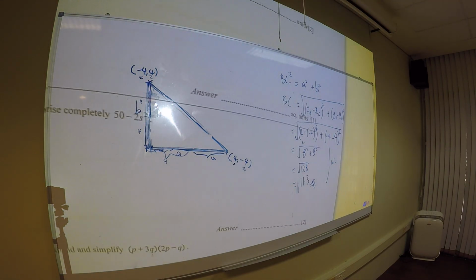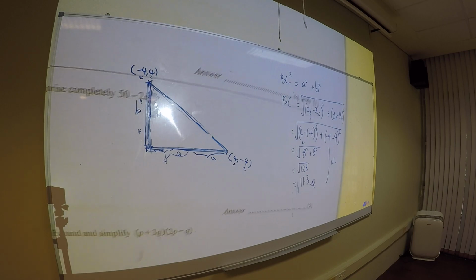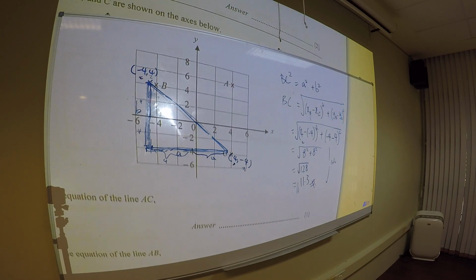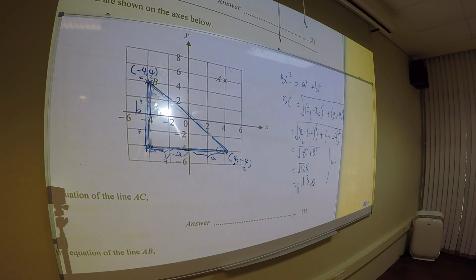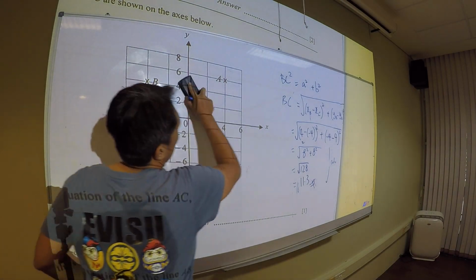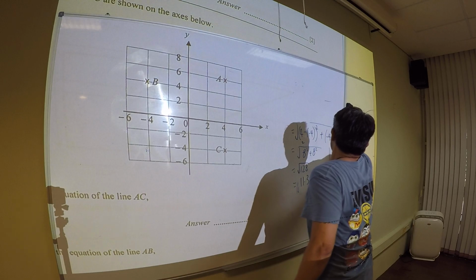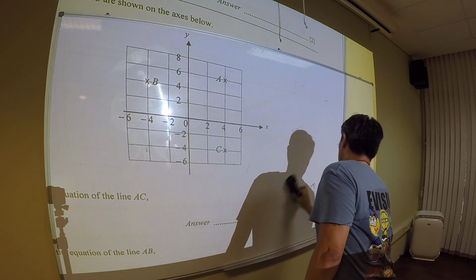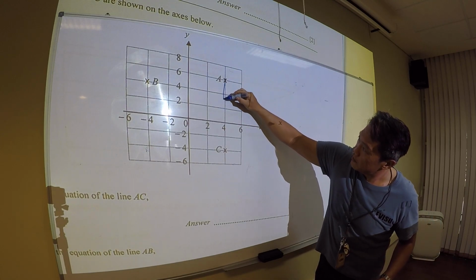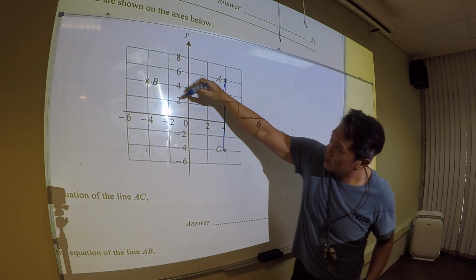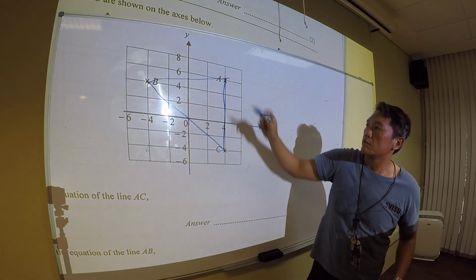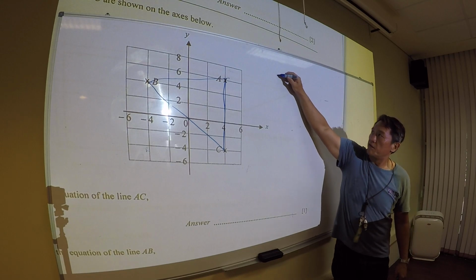Area of triangle ABC. You want to find the area.